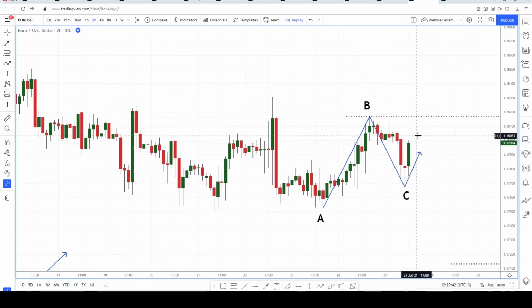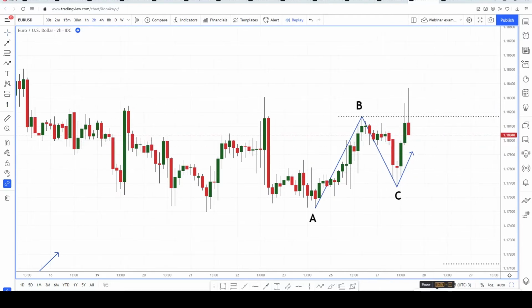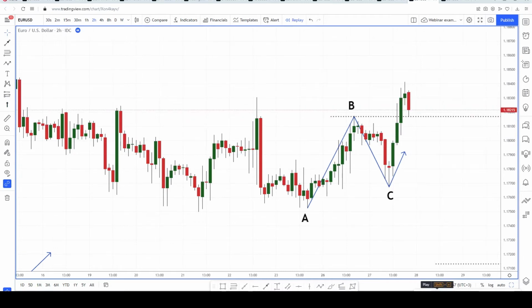And maybe somebody might want to consider buying the market here and then keep on adding to the position and see if it breaks the point B. But some other people actually like to buy the breakout. And this is something you have to decide. There is no right or wrong answer to this. You just have to decide what is your approach.